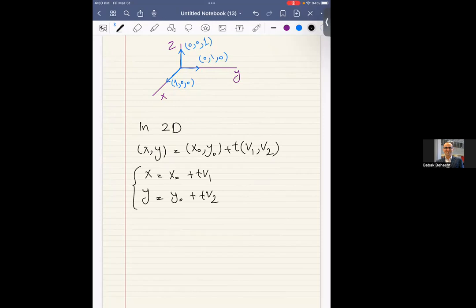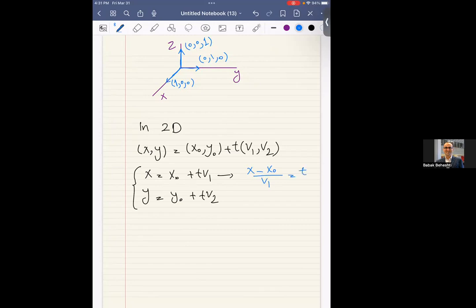Let me explain how this relates to the equation of a line that you learned in elementary school. If you look at the parametric equation, from the first equation, you can say that (x minus x0) divided by v1 is equal to t.